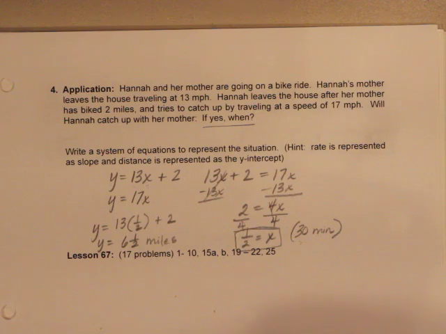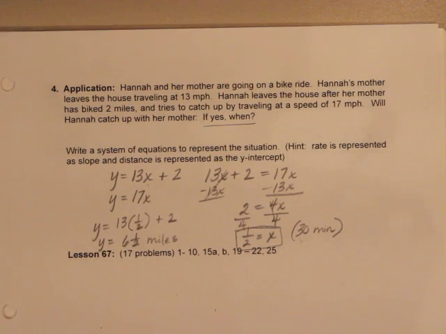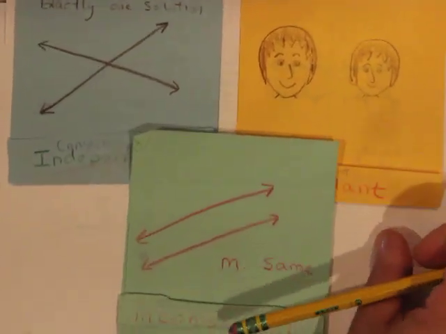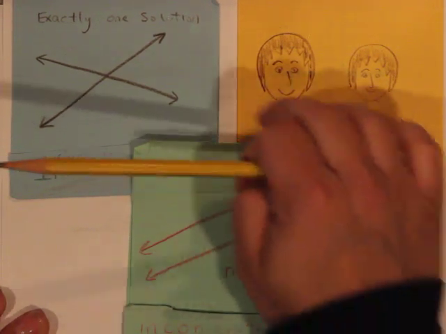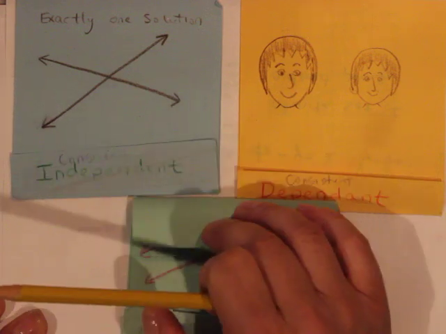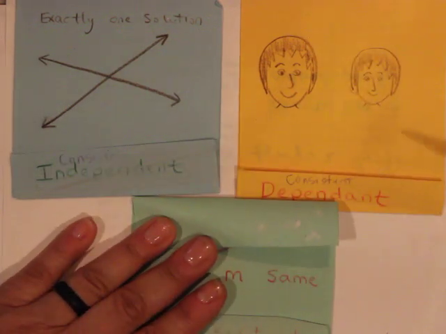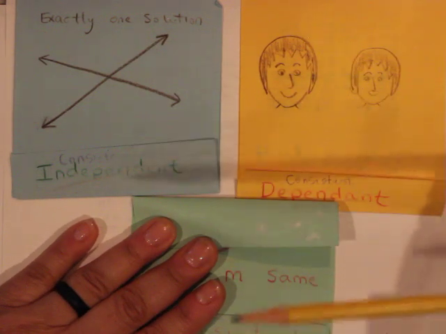All right, now I want you guys to see something before I turn you loose to move on to the practice. I would be remiss if I didn't show you what Mrs. Fairbank made, because I just think these things are so cute. Look at this, guys. She drew these little papers to show these 3 different types of systems that we've just learned.